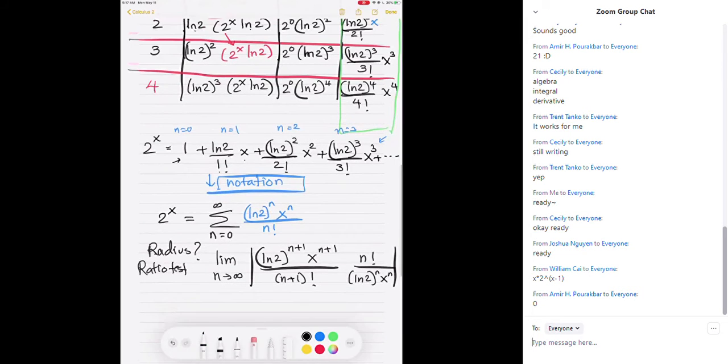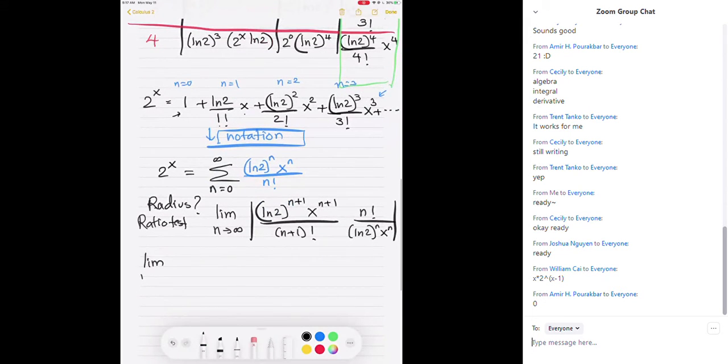We have done this enough number of times, so I'm just going to say limit as n approaches infinity. If you work the way I work, then you know what I do. I just gather all of them together. I'm not writing it now because you've seen this enough number of times. And this is going to be 1 over n plus 1.